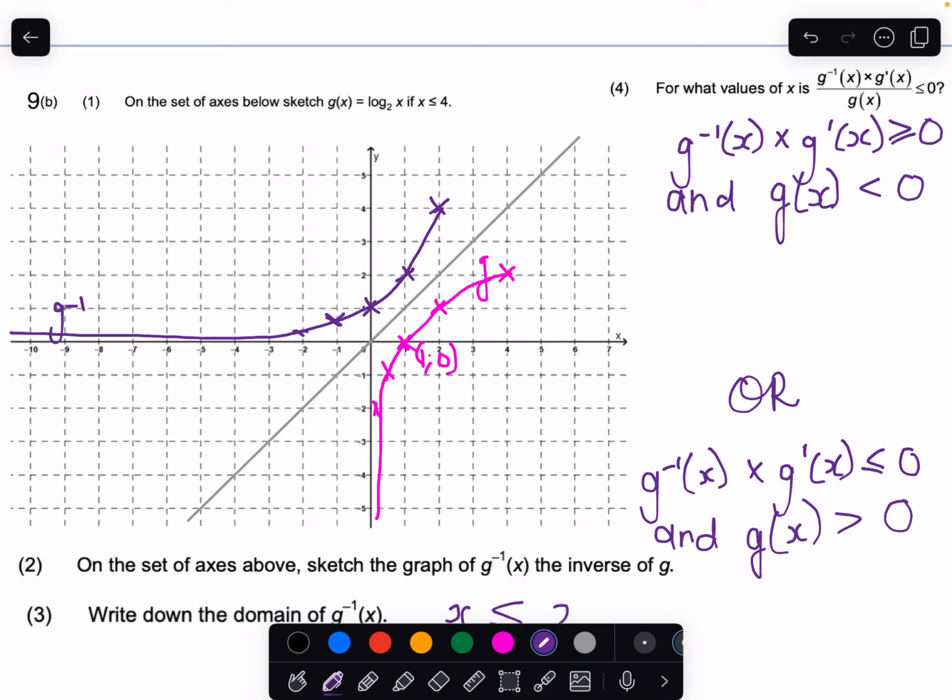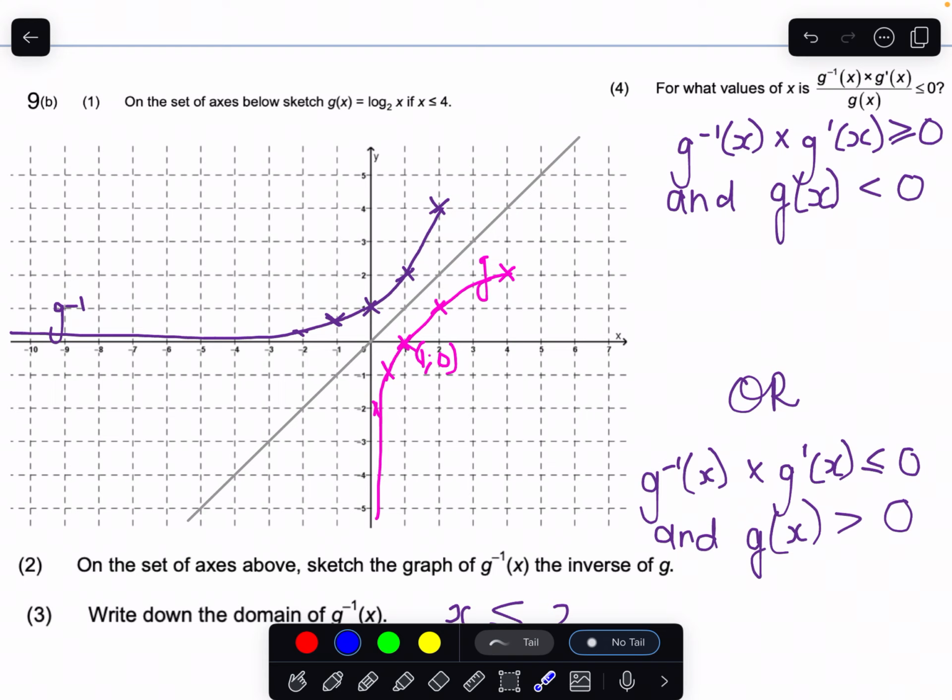Okay, and then for this one, when is it greater than or equal to 0? The important thing to recognize here is that this is always positive.